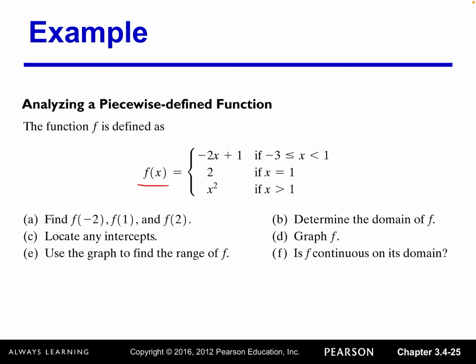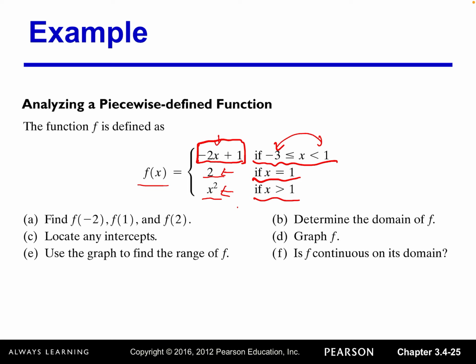f of x is defined by three functions, a linear function, a quadratic function, and so on. How do we know when to apply each function? It's based on the domain of x. If x is from -3 to 1, including -3 but not including 1, we evaluate f of x using the linear function -2x plus 1.